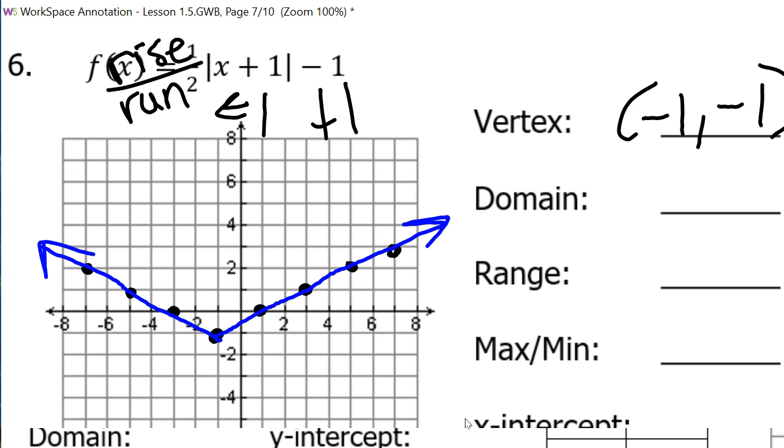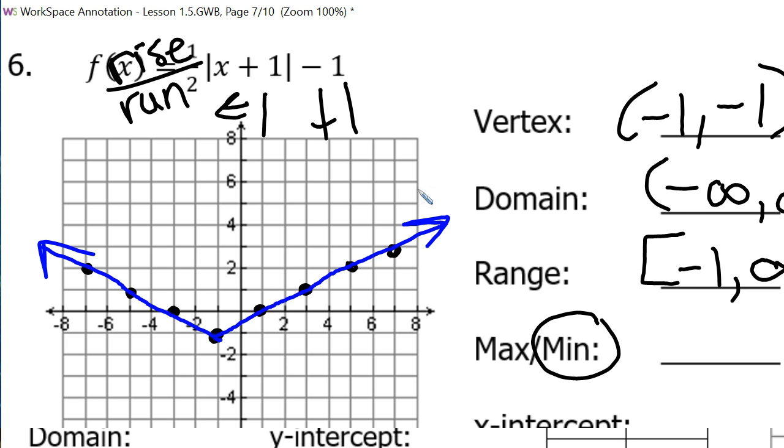What's the domain for all of these? Negative infinity to positive infinity. For the range, what's that bottom y value? -1. What's the top y value? Infinity. Is that vertex the maximum or the minimum? Minimum.